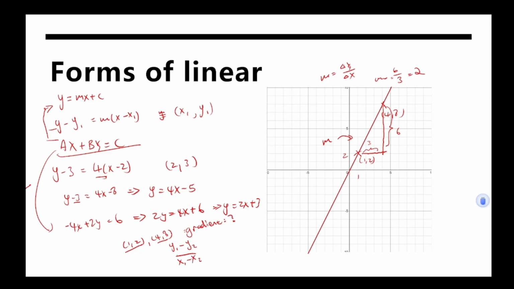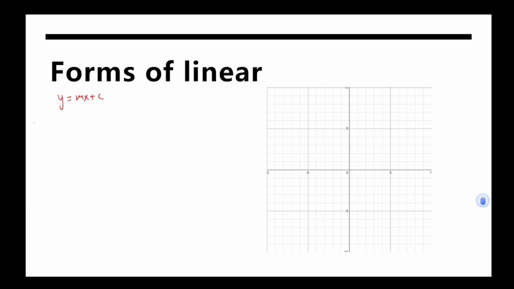The 1 and 2 can be reversed, but just remember, if we are minusing 1 by 2, all would be minusing 1 by 2. So here would be 2 minus 8 over 1 minus 4, which is negative 6 over negative 3, which is 2. Pretty easy.